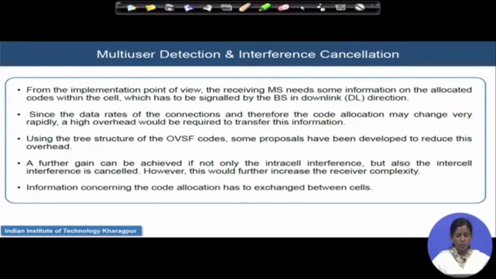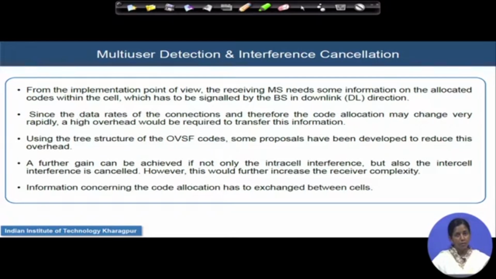So, in that situation the total overhead in the downlink of giving the code information from the base station to the mobile station becomes very heavy, and a high overhead would be required to transfer this information. That extra overhead coming over the network sometimes may not be tolerable.